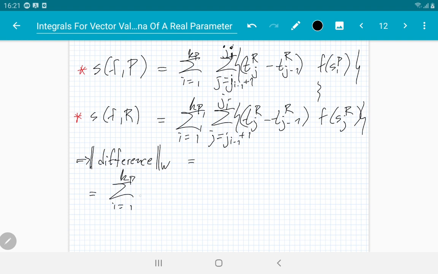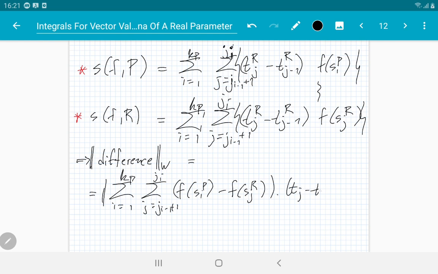And therefore, the difference is the sum of the t_j minus t_{j-1} r. And notice, this is a vector, and this is a scalar. So maybe I should reverse the order, but who cares, right? Now comes the key step, okay?